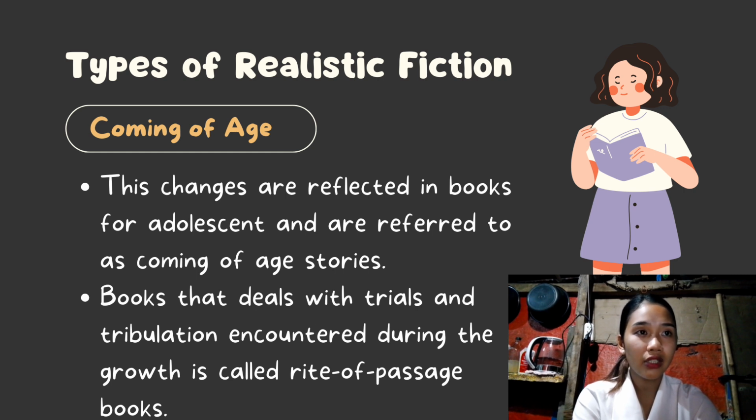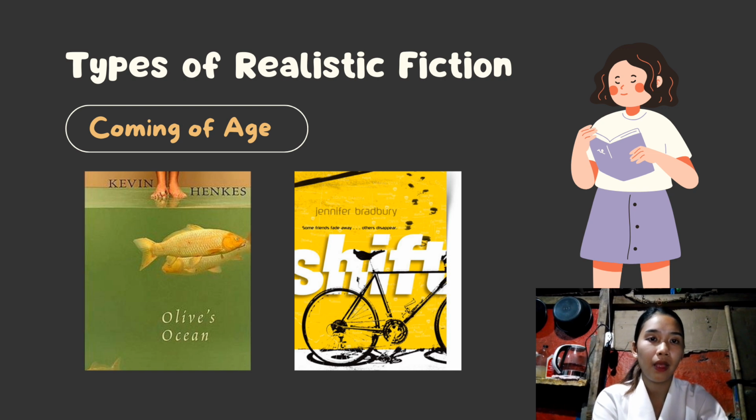Books that deal with trials and tribulations encountered during growth are called rite of passage books. Rite of passage books focus on trials and tribulations during maturation, emphasizing challenges that mark the transition from childhood to adulthood. These are examples of coming of age books: Olive's Ocean and The Shift.